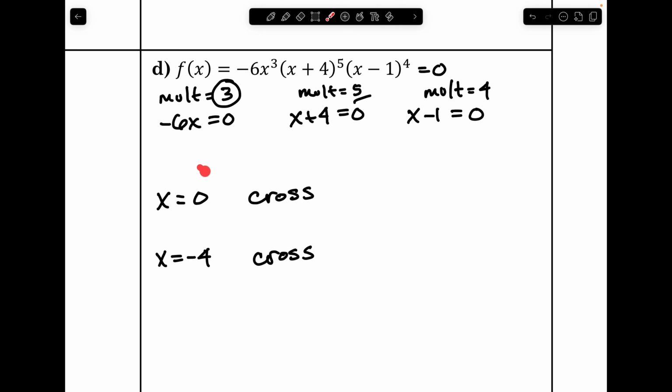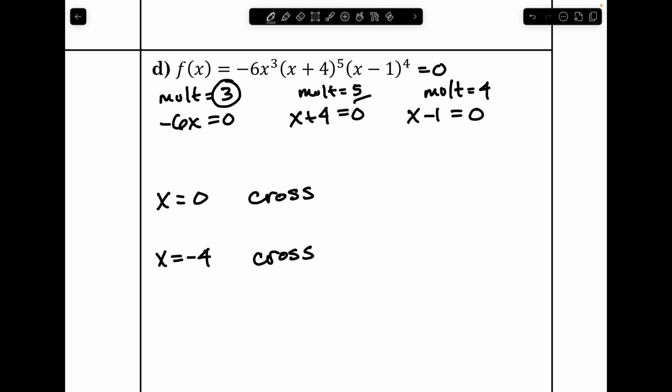They confuse what we're looking for in order to determine if the graph is going to cross or be tangent at these locations. We're looking at the multiplicity, the power of the respective factor. So don't get caught up on determining if this is even or odd. We don't care about that. We care about the exponent being even or odd, okay?